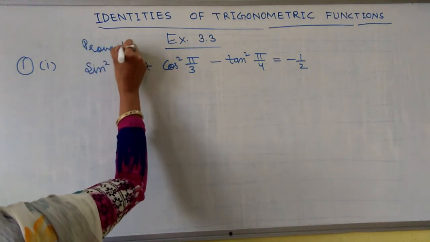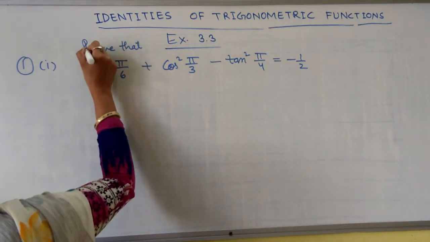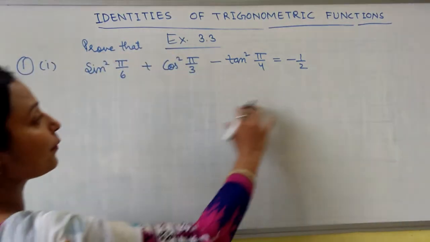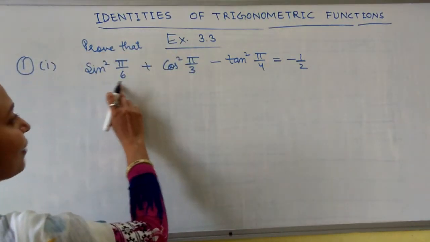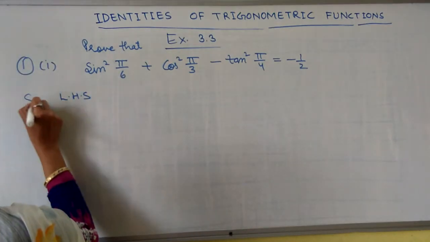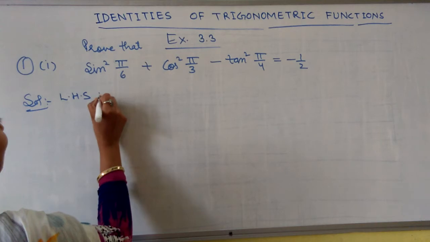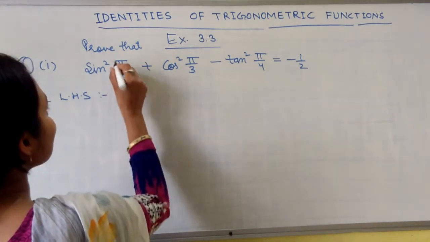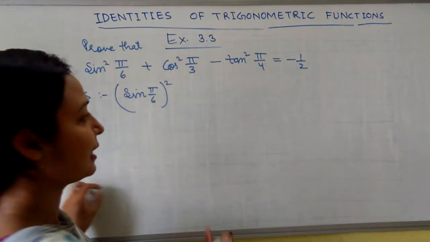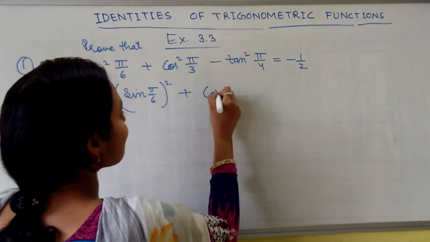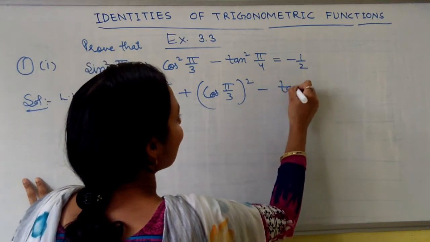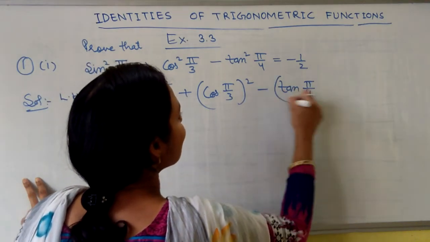Before starting the question, I should have the values of these. I will start from the left hand side. The solution starts with sine pi by 6 whole square plus cos pi by 3 whole square minus tan pi by 4 whole square.